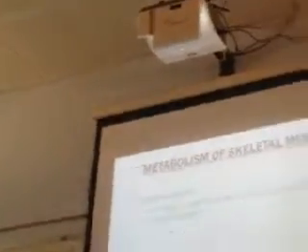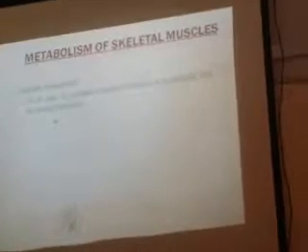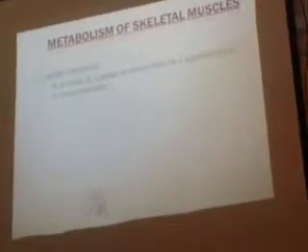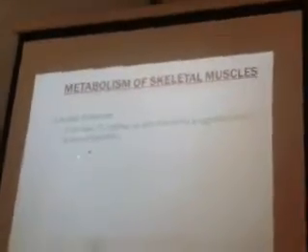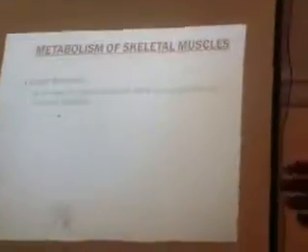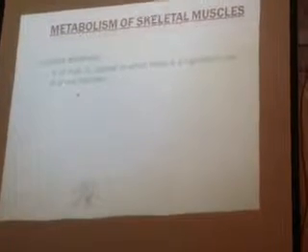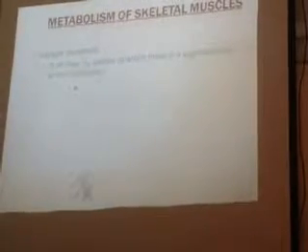Then lactate threshold. What do you mean by lactate threshold? When you do powerful exercise, it is the percentage of maximum oxygen uptake at which there is a significant rise of blood lactate level. If more oxygen is consumed and more exercise is done, then a significant amount of lactate is there. That is called the lactate threshold.